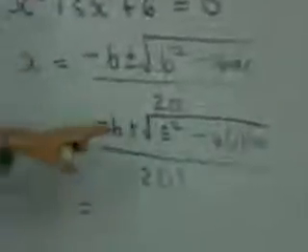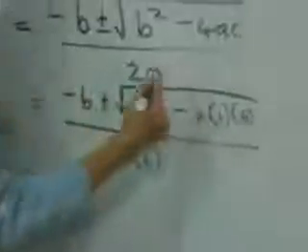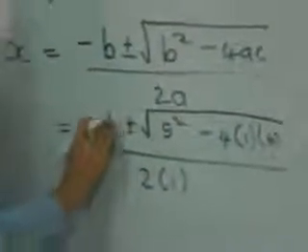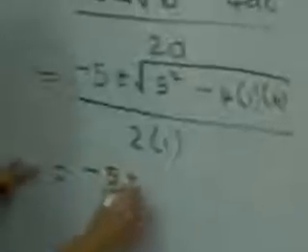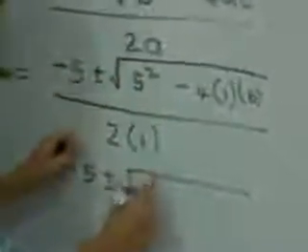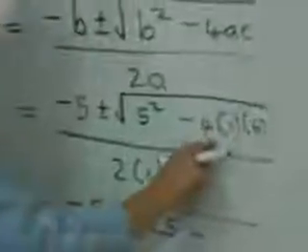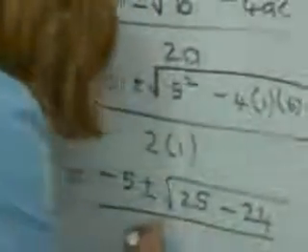Okay, so now always work out what is inside the square root sign first. We didn't plug in for b here. What is b here? This is minus 5. So, minus 5 plus or minus, first work out whatever is inside there, that's 25, and then minus 4 times 6 gives you 24, so that is minus 24, over 2.